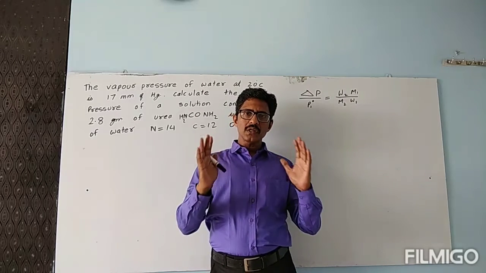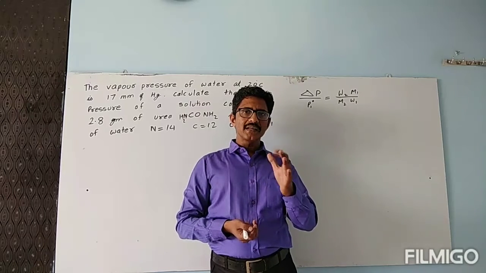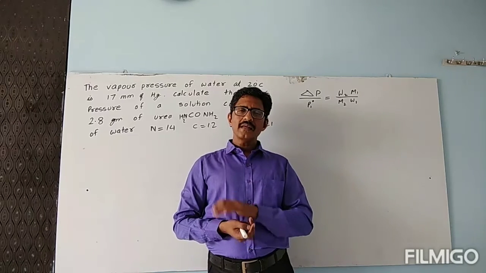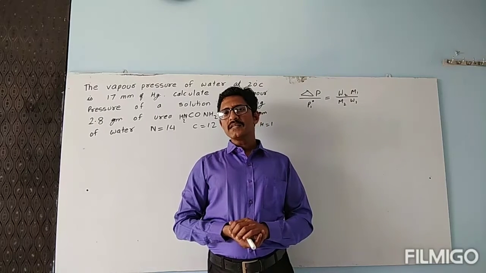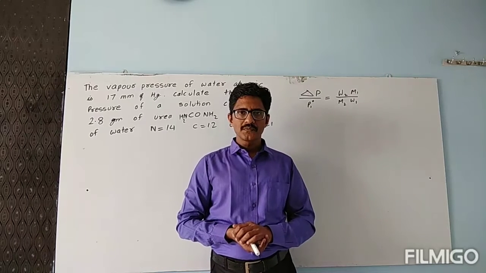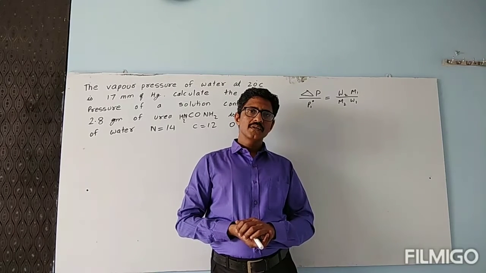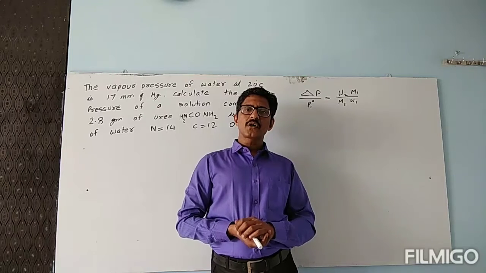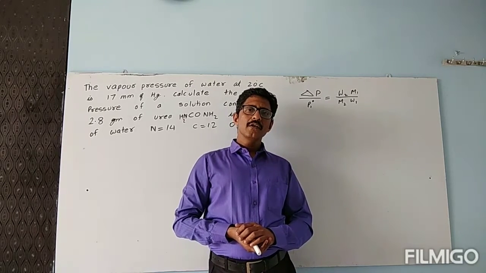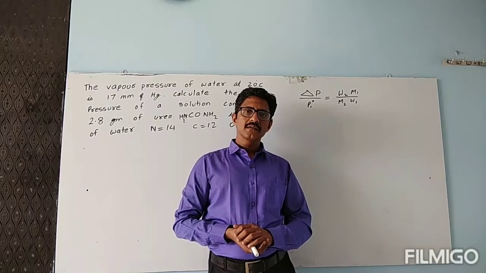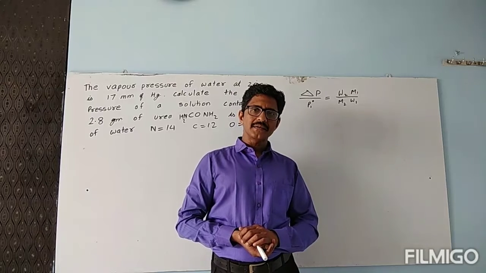So if you have understood the concept very well and practiced the numericals, then any question you will be able to solve. Children, if you have not understood the concept, then please go through the previous videos. There I have discussed the concept of colligative property and lowering of vapor pressure, each aspect of it, in quite a detailed manner.